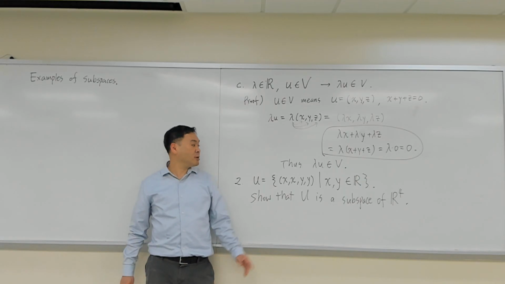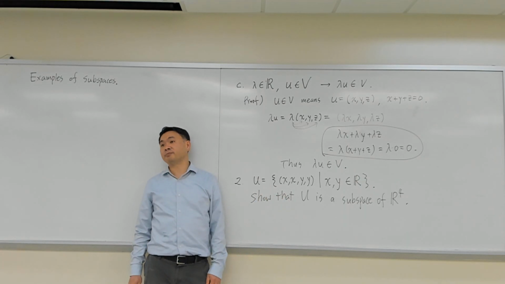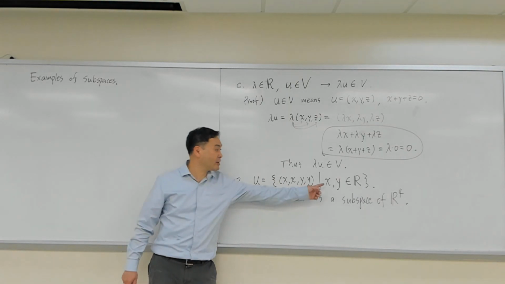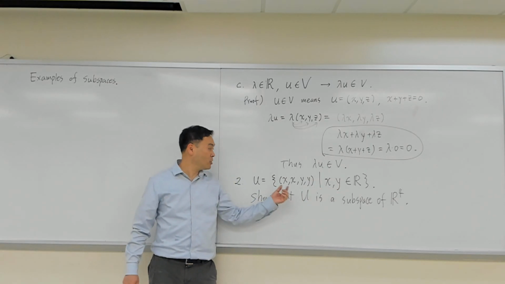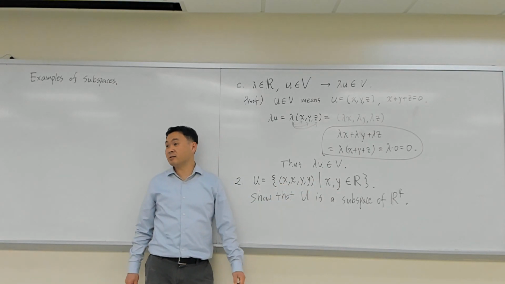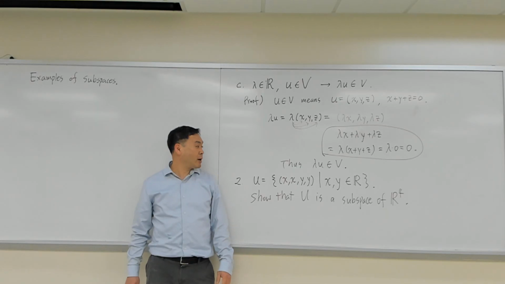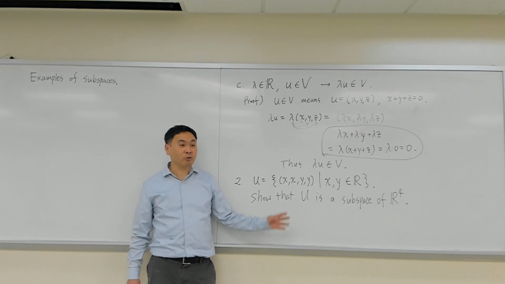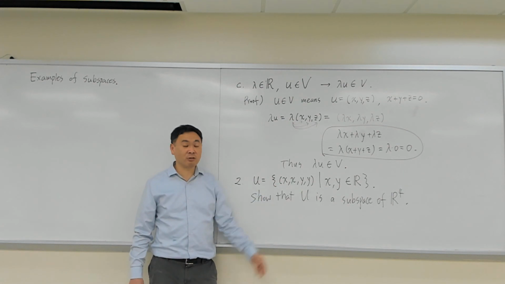So, give me an example of an element in U. 2, 2, 5, 5. Yeah, by taking x as 2 and y as 5, you have 2, 2, 5, 5. How about -1, -1, 3, 3? True, by taking x as -1 and y as 3.